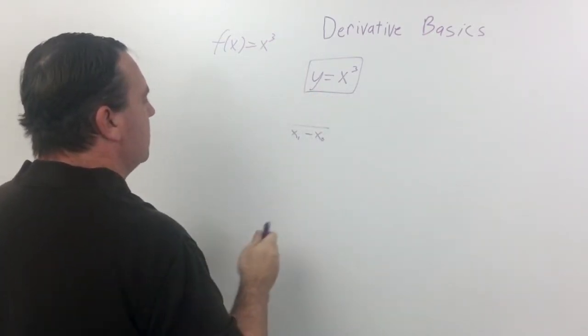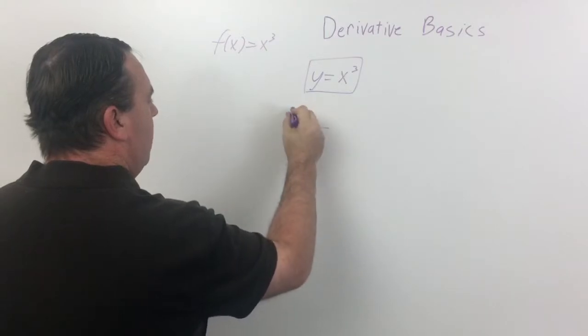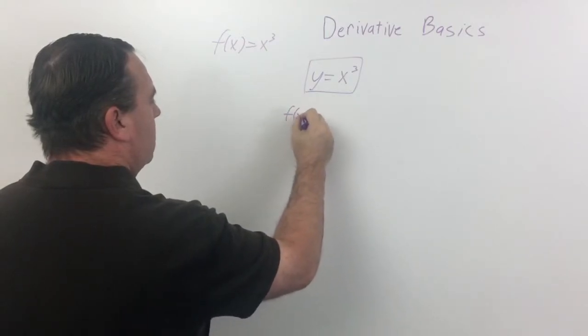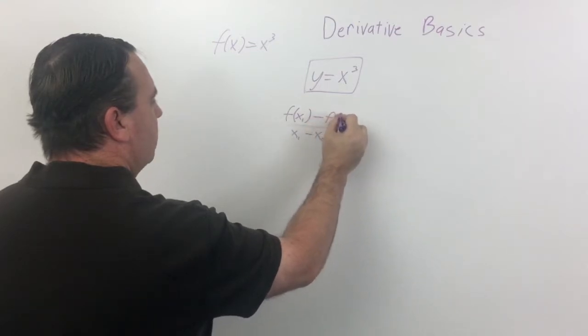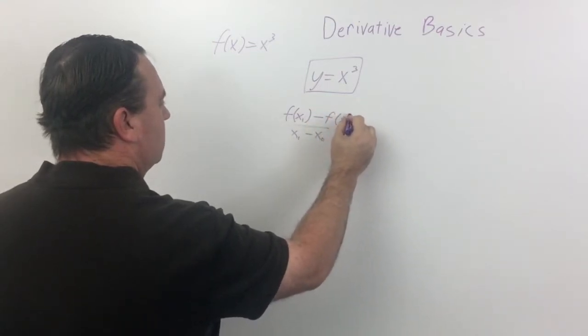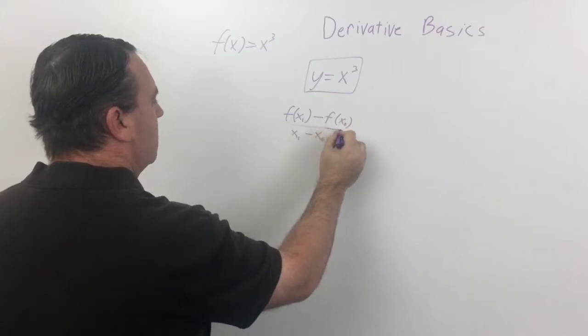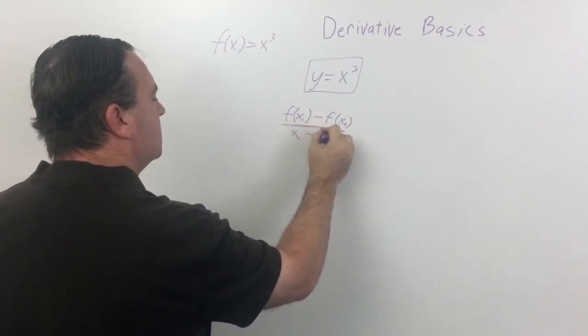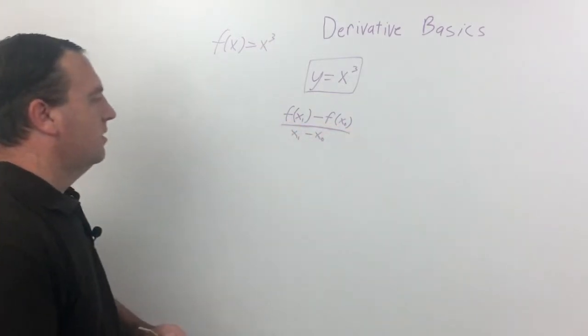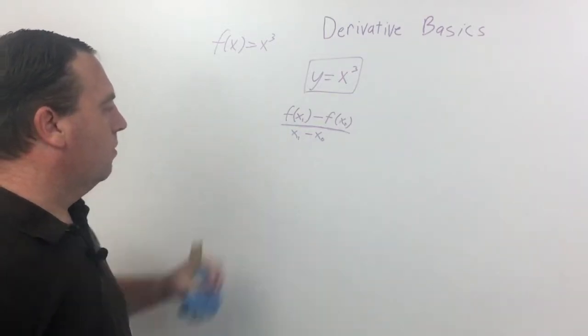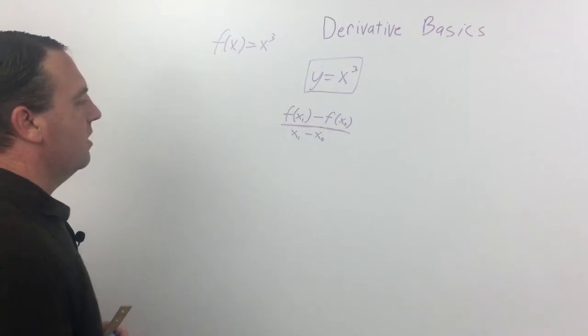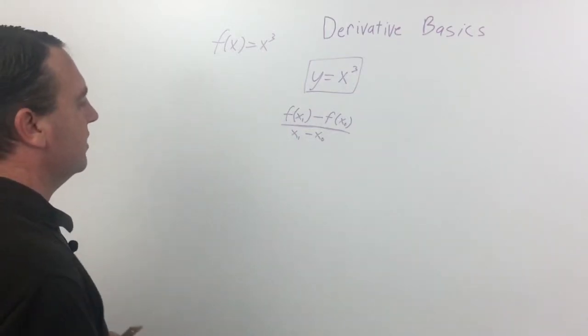we can say this is going to be f of x1 minus f of x0. These are equivalent to having the y values in there, but as you'll see, we will get some more benefit by putting these x's in there directly.